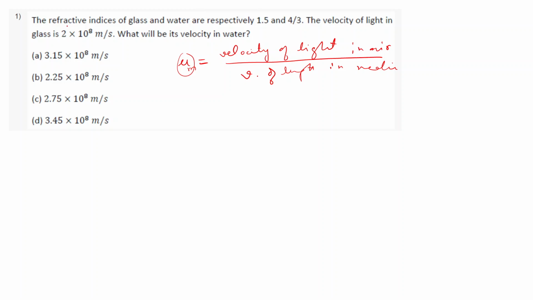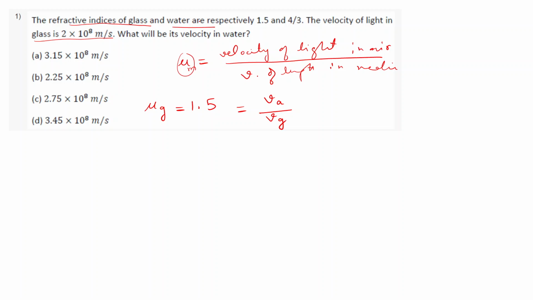So here we have been given the refractive index of glass and water, and we have to find out the velocity of light in water. So for glass, the refractive index is 1.5. That means it is the velocity of light in air divided by the velocity of light in glass.